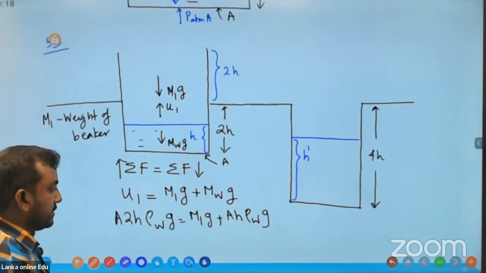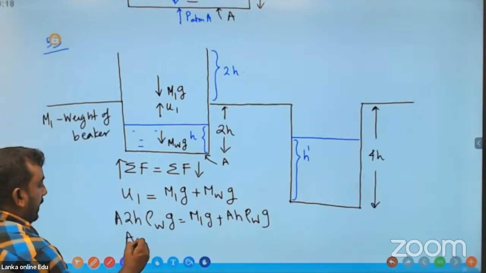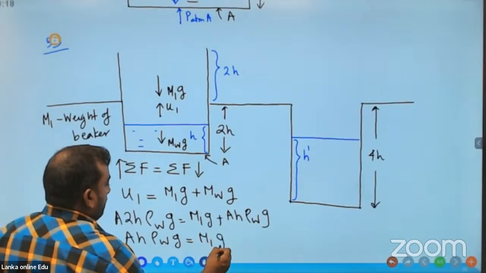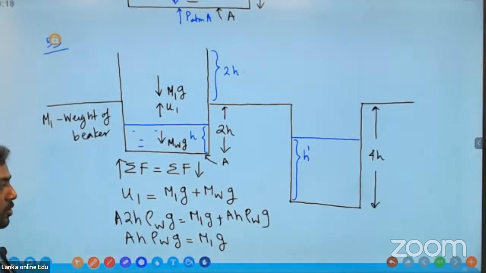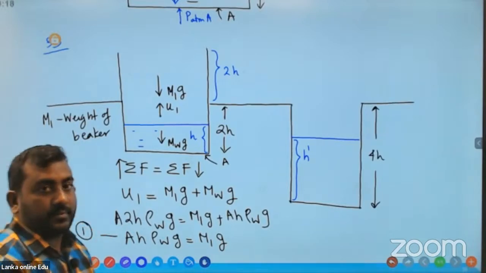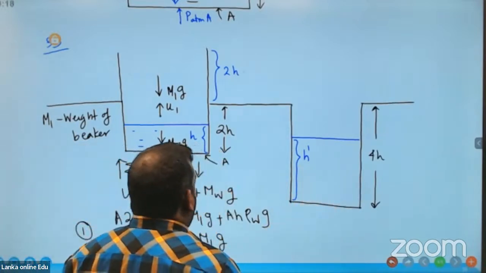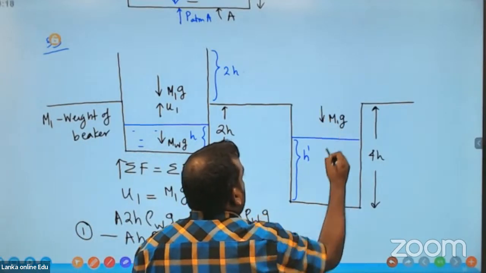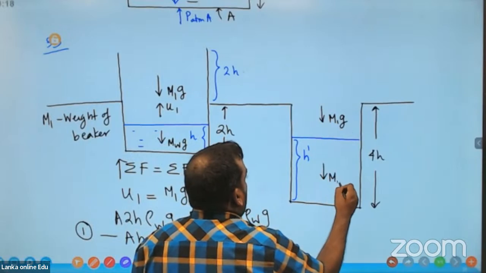Take it this side. Simplify. A H rho_w g equals M1 g. There you go, equation number 1. Now your calculation here. Weight of the beaker is there. New weight of water is there.